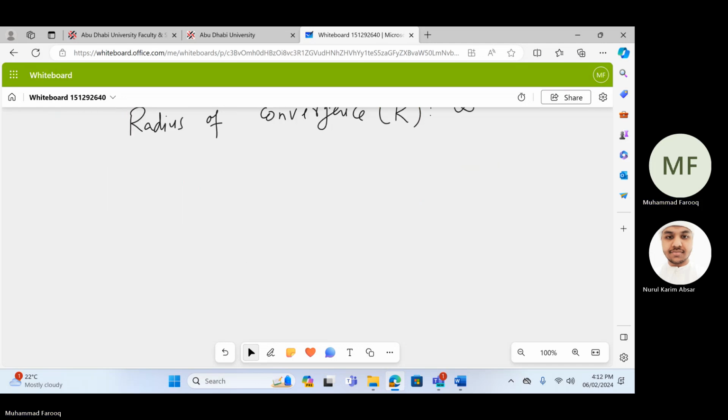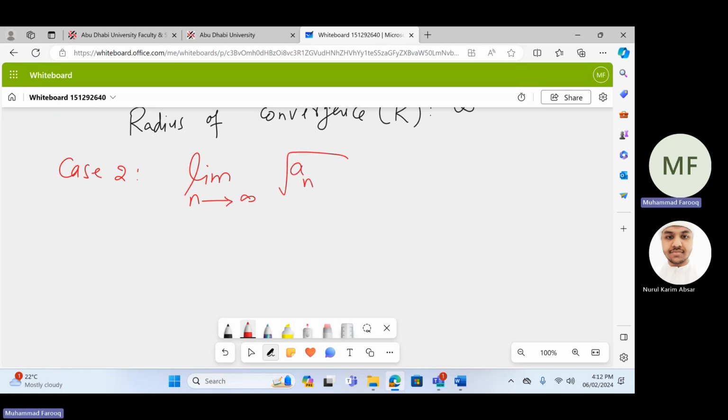Case number 2, please. Now you perform the ratio test or root test. I told you I'm using the root test, and the answer is infinity. This is the second case. If the answer is infinity, the series diverges.